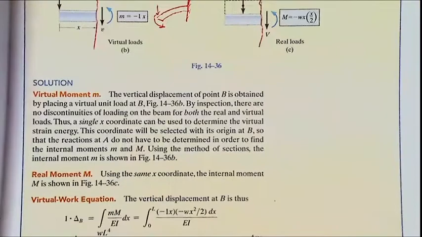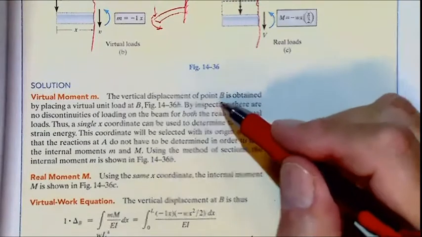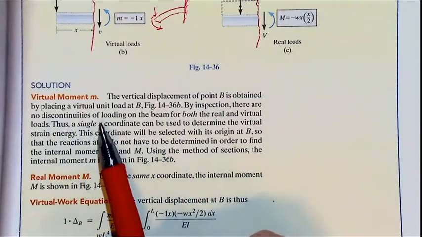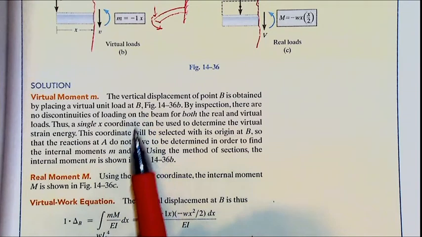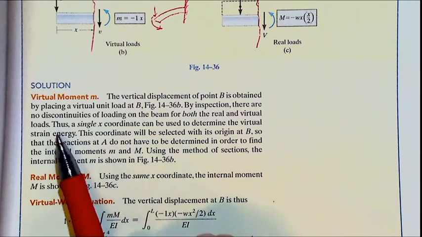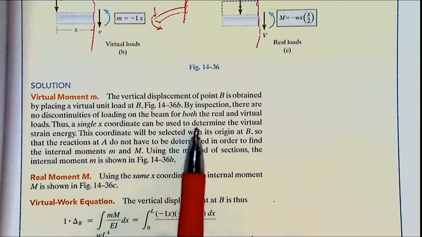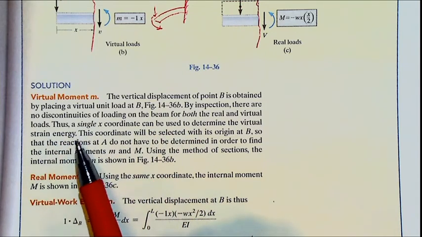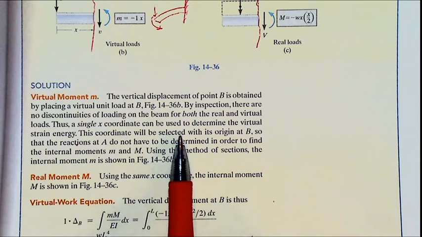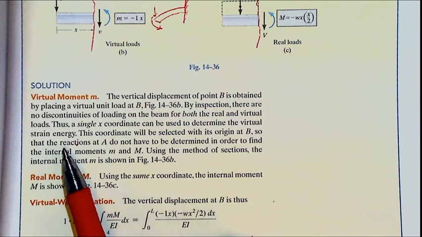Virtual moment m. The vertical displacement of point B is obtained by placing a virtual unit load at B. By inspection, there are no discontinuities of loading on the beam for both real and virtual loads. Thus, a single coordinate can be used to determine the virtual strain energy.